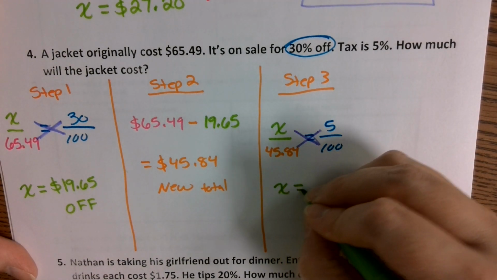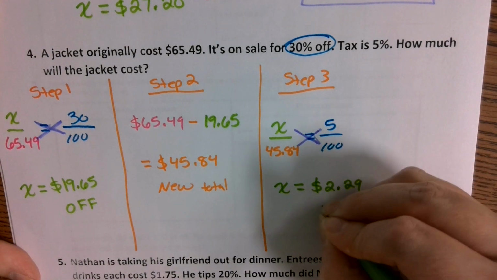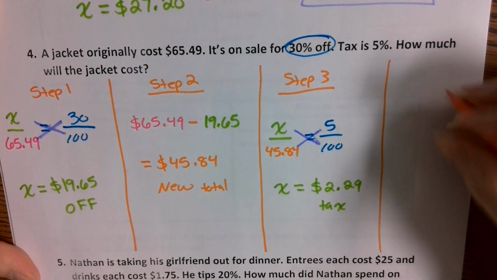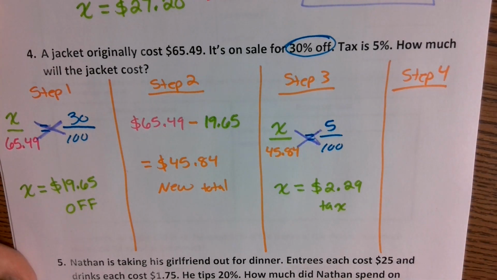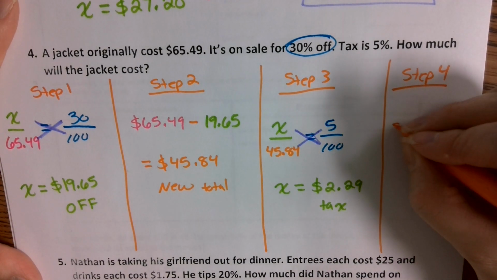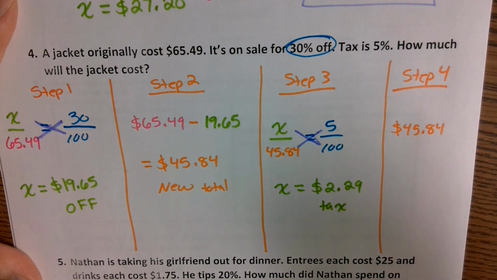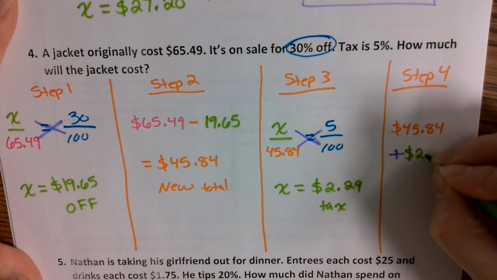That's going to give you how much you're paying for tax, which is $2.29 when you round it correctly. That's your tax. And then step 4, you just add it on. You take your new total, which was $45.84, and you're going to add your $2.29.